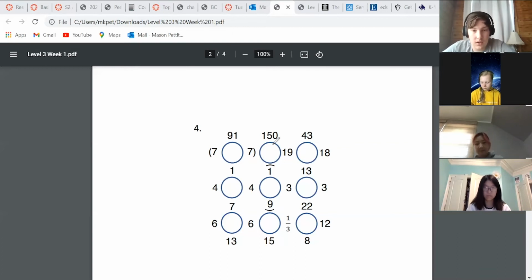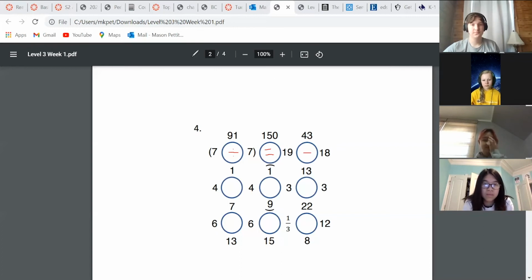So then we have to get 19 and 18. If we put the equal sign here in the middle, it would be 19 blank 18 equals 1. That seems to work to me. 19 minus 18 would give us 1. Do you guys think that works? That's what I'm thinking.